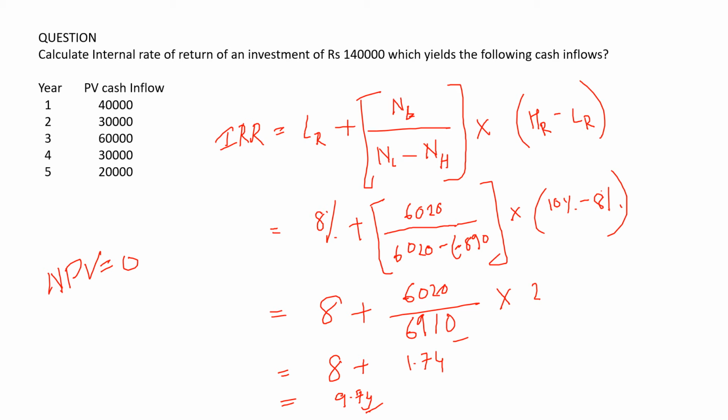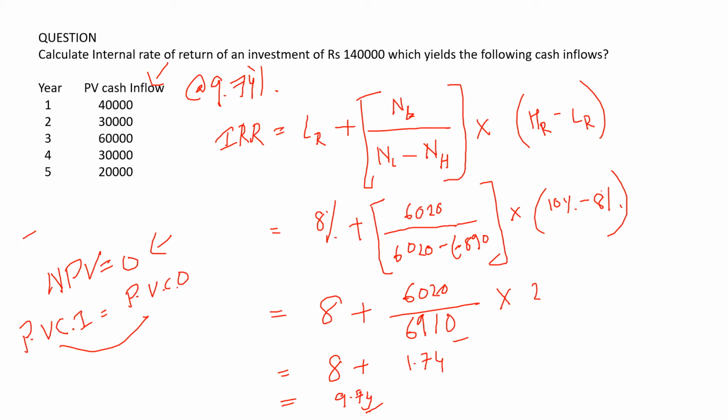So when we find out the cash inflows by using the factor at the rate of 9.74%, then we will be getting the present value of the cash inflow. Okay, the present value of the cash inflow will be equal to 1,40,000, that is the present value of the cash outflow. Only then our NPV will be equal to 0.